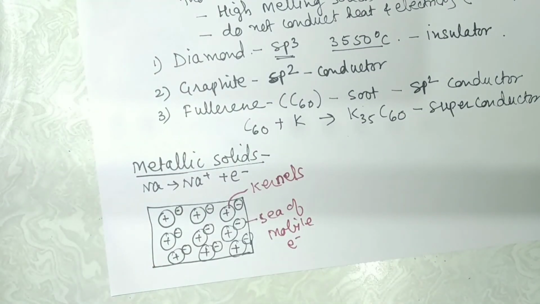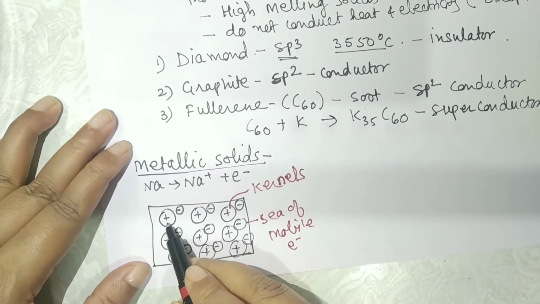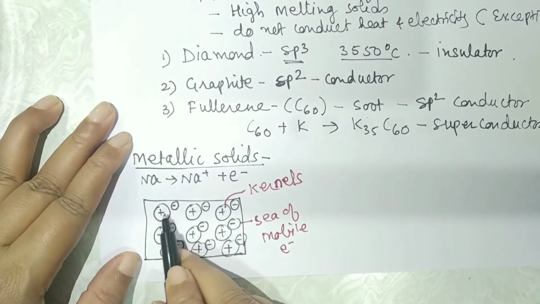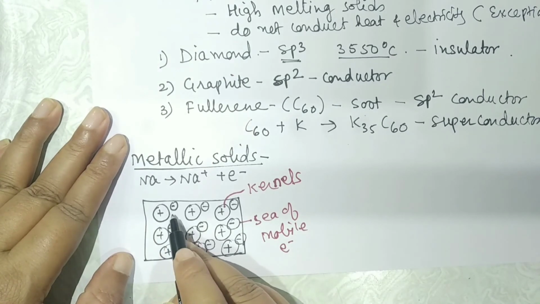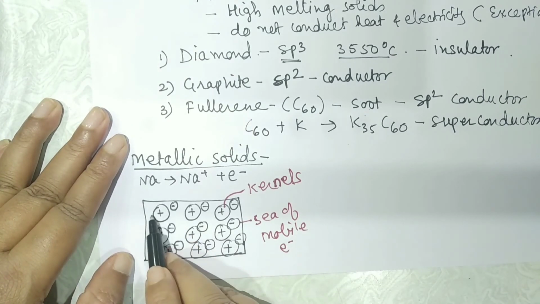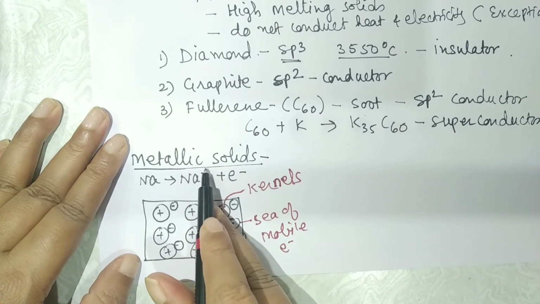You know that there is electrostatic force of attraction between oppositely charged ions. Same type of attraction is seen between the positively charged kernels and their corresponding negatively charged electrons. This electrostatic force of attraction that exists between the kernel and its electrons is a metallic bond.